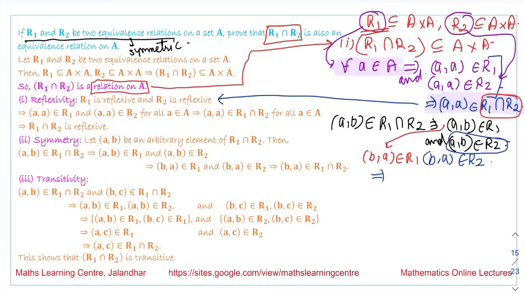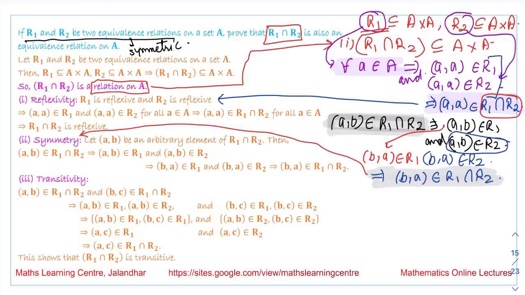Combining these two results, (b, a) belongs to R1 intersection R2. So if a and b are related by R1 intersection R2, then b and a are related by R1 intersection R2. This gives us that this relation is a symmetric relation.